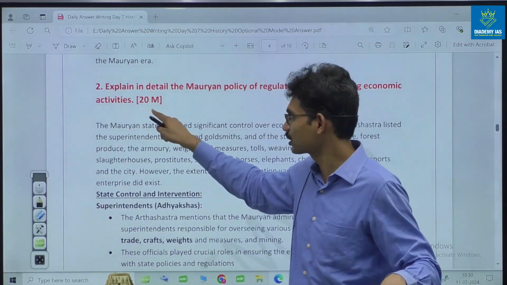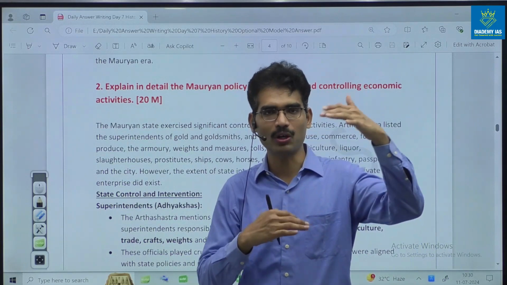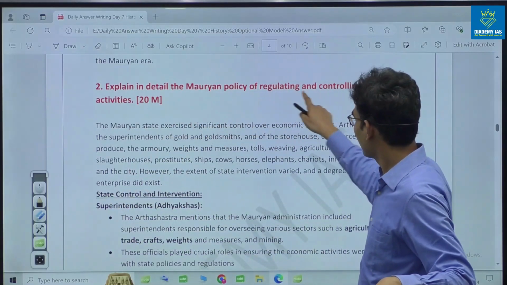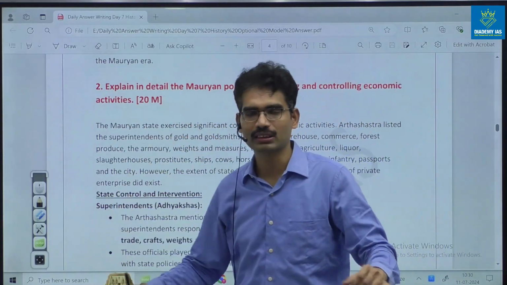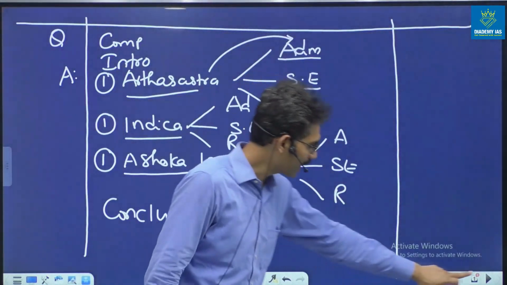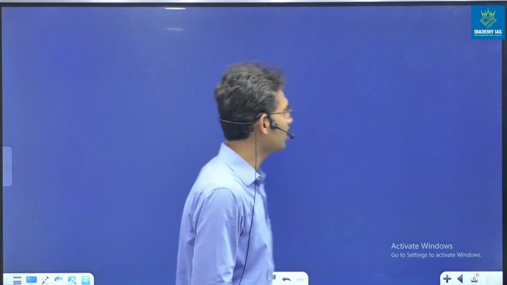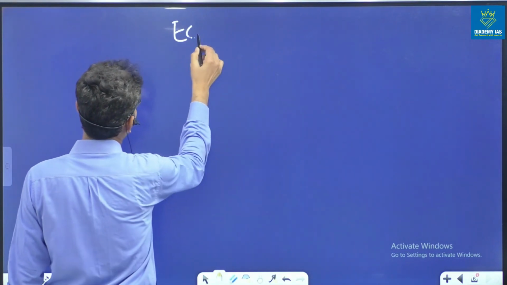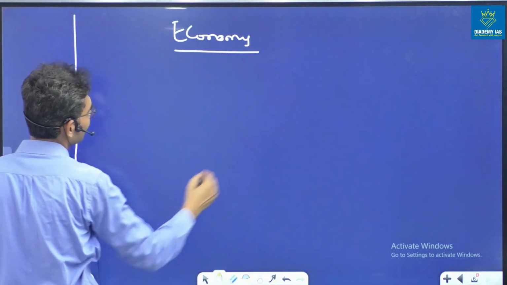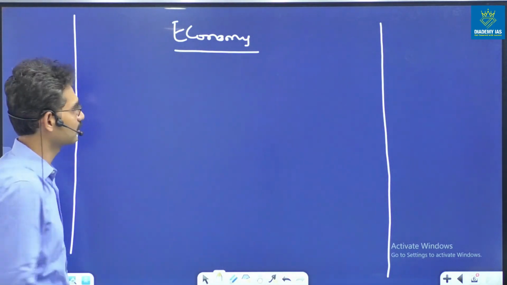There, for a 15 marker or 20 marker question, you have plenty of space to explain various segments. The moment you see regulating and controlling economic activities, automatically the dimensions related to the economy come to mind, and you can immediately recollect these economic dimensions.